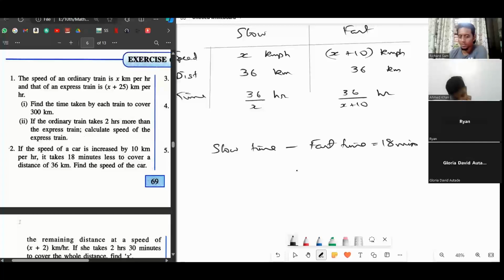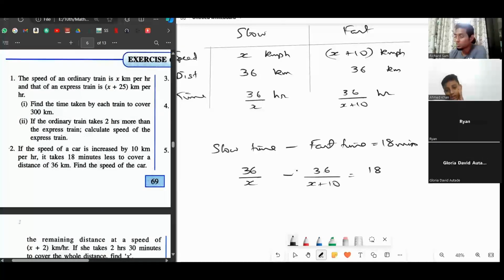Okay, now here we will substitute the value for time. What is the time when it's traveling slow? 36 upon x. And when it's traveling fast, what is the time? 36 upon x plus 10. That is equal to 18 minutes.